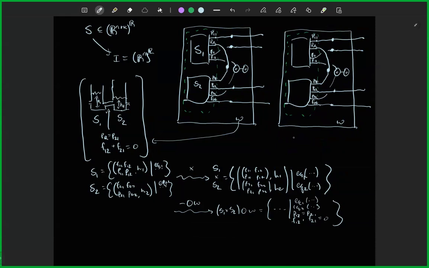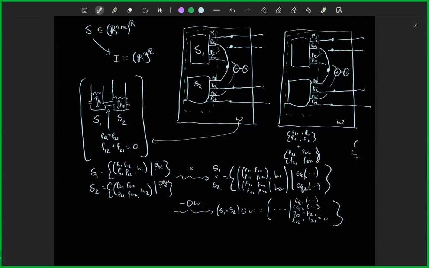Up here, we have four variables: a set P11, P12, F11, F12, and then we disjoint union it with, or I'll use plus, I always use plus, the other set of variables, P21, P22, F21, F22.